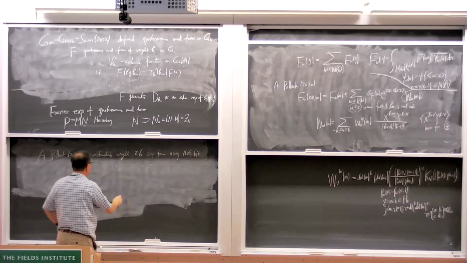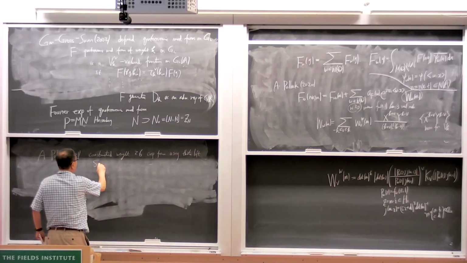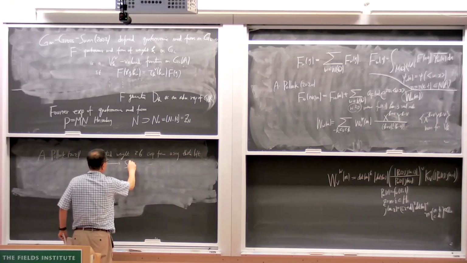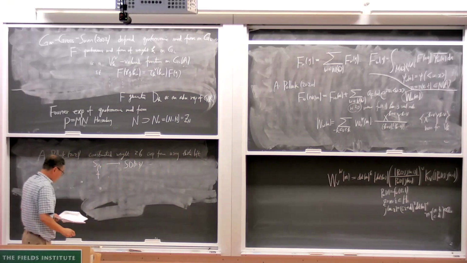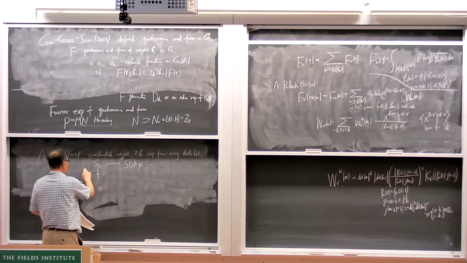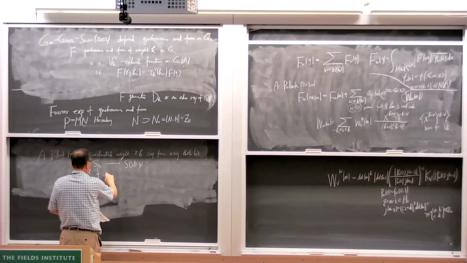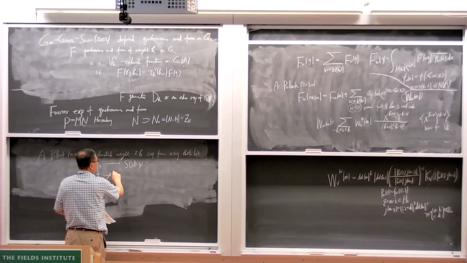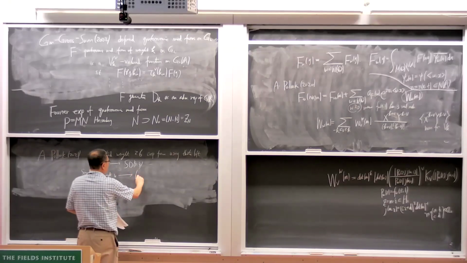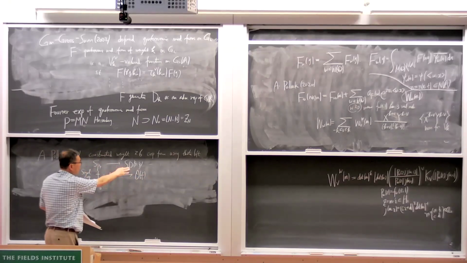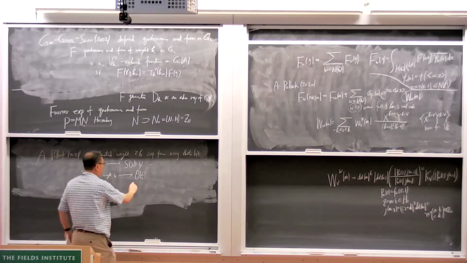So theta lift between SP4 and SO(4,4). When you start with a form on SP4, so it's a Siegel cusp form of weight W, then by theta correspondence, you get a theta lift.